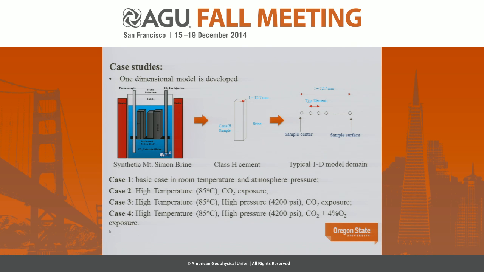In all the results, the left node of the one-dimensional sample shows the sample center, and the right node is the node where the sample is exposed to the brine.